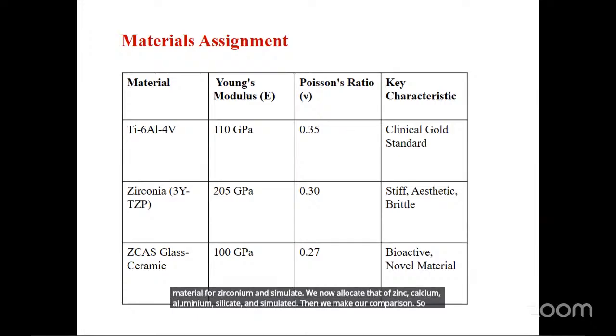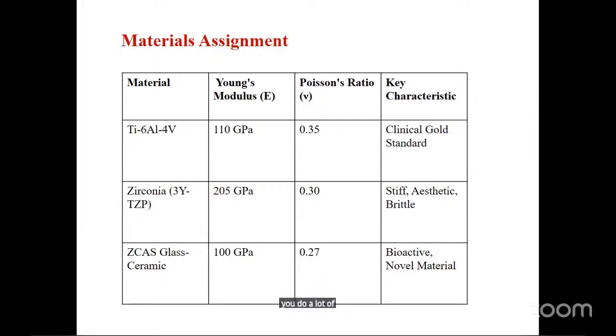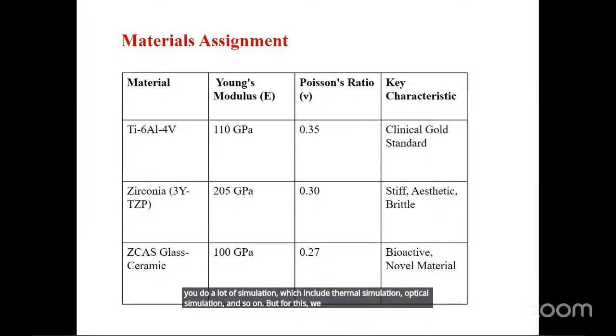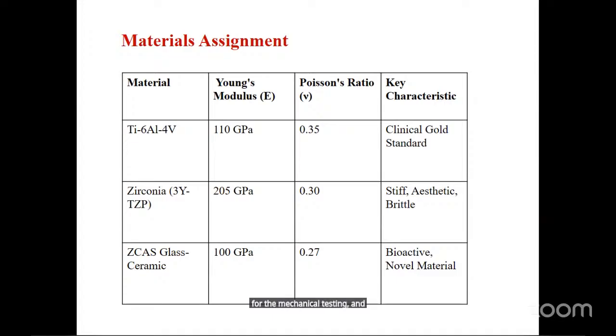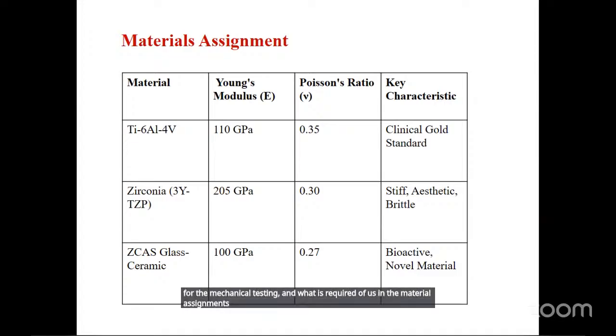So what is required of us for this mechanical simulation in COMSOL? Actually, you can do a lot of simulations, which include thermal simulation, optical simulation, and so on. But for this, we only need mechanical simulation. So we just went for the mechanical testing. What is required of us in the material assignments will include the Young's modulus of the materials, where, if we see here, titanium has a Young's modulus of 110 and a Poisson's ratio of 0.35.